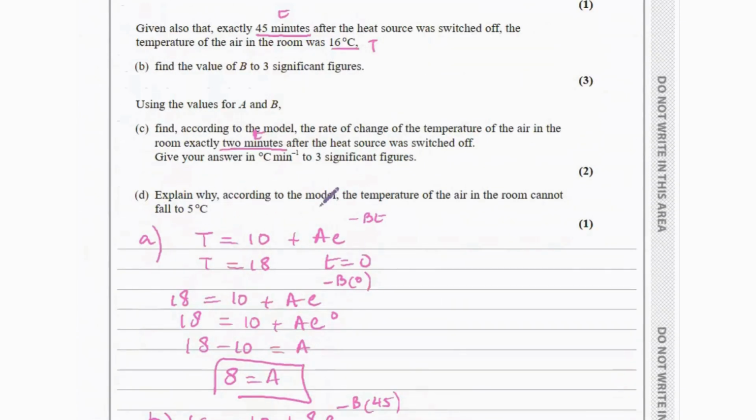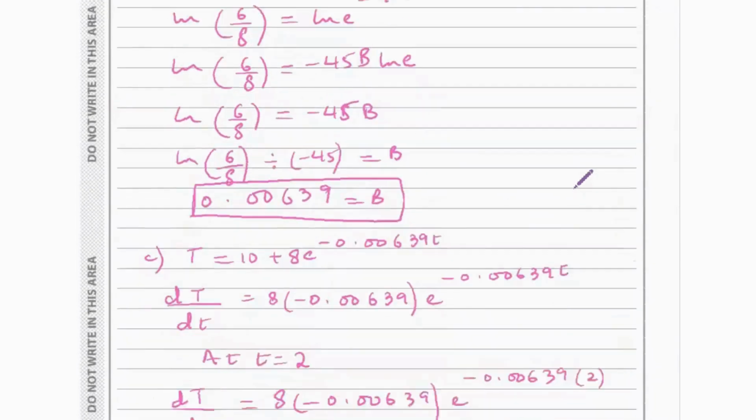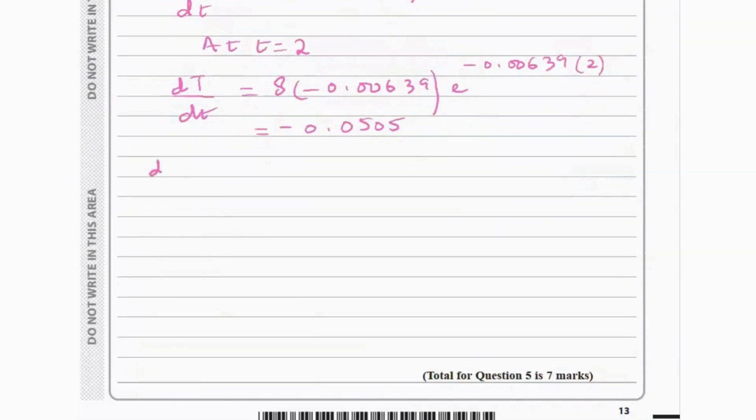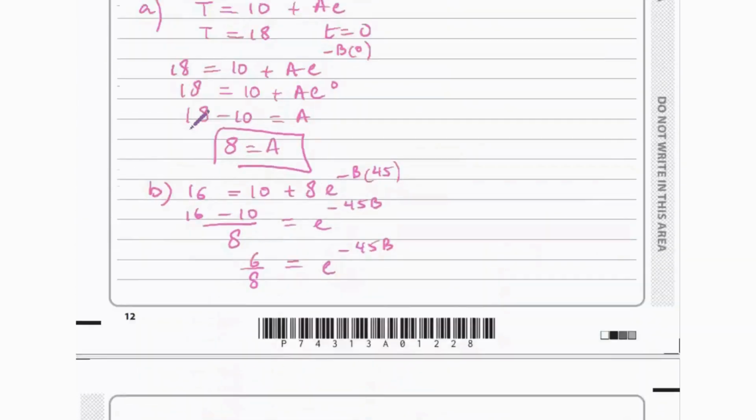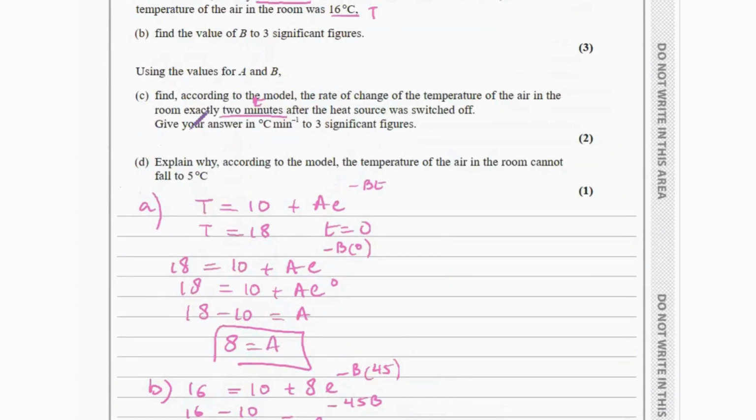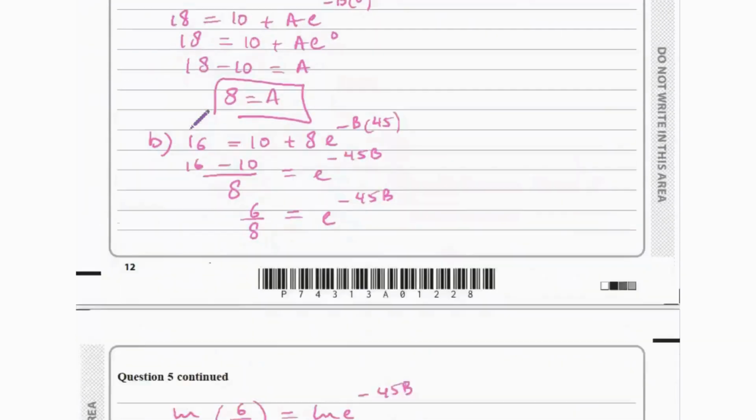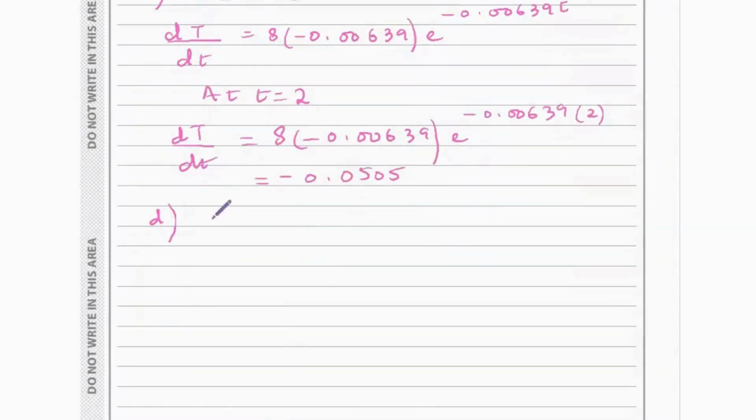Then part D: explain why, according to the model, the temperature of the air in the room cannot fall to 5 degrees Celsius. So it cannot fall to 5 degrees Celsius because if you write the equation, 5 equals 10 plus 8 times e to the power of negative 0.00639t.